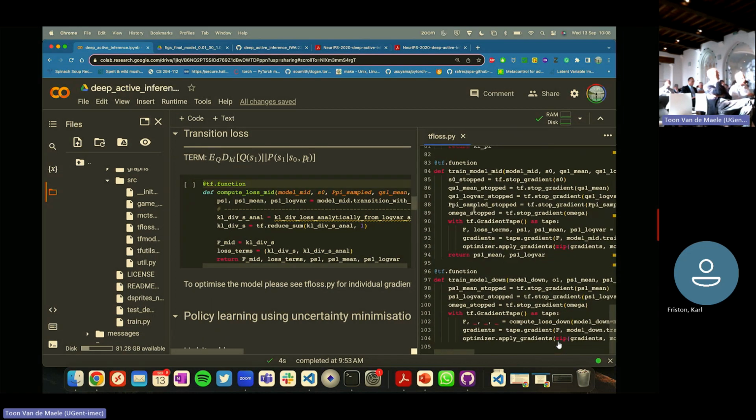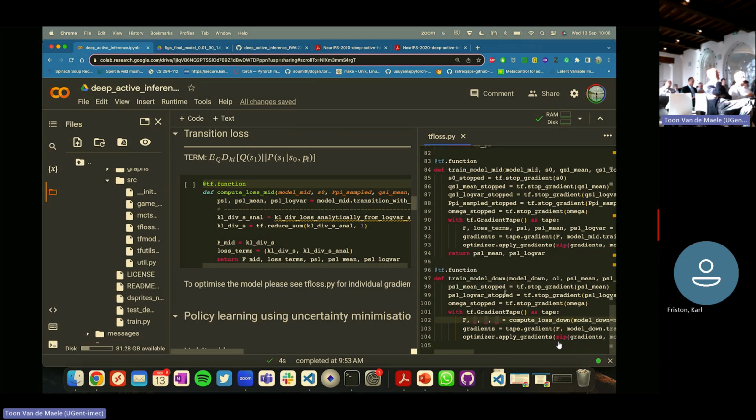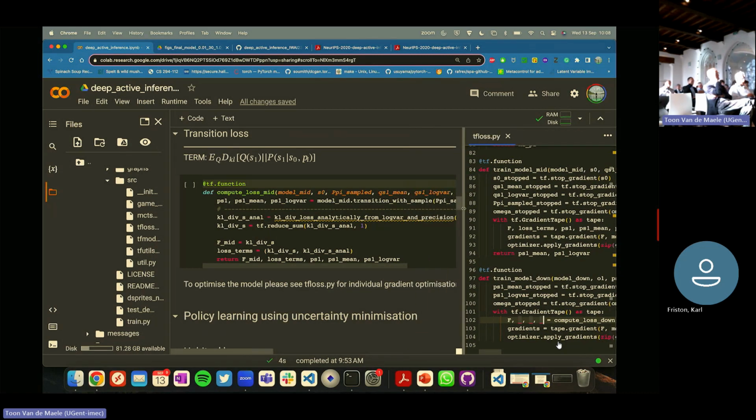You can see the training of the transition model here, model underscore mid, and then train models underscore model underscore down, which tells you how we're actually doing our optimization. So again, we'll take maybe 5 minutes to look through, and if anyone has any questions at this point.